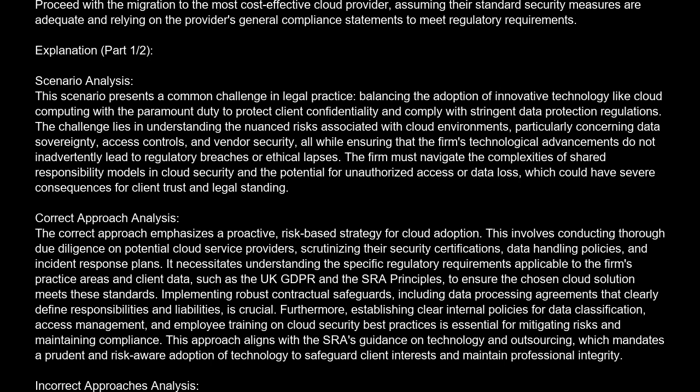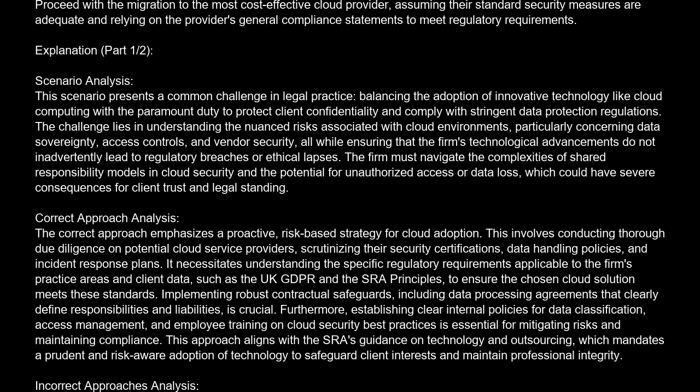Explanation. Scenario analysis. This scenario presents a common challenge in legal practice, balancing the adoption of innovative technology like cloud computing with the paramount duty to protect client confidentiality and comply with stringent data protection regulations.